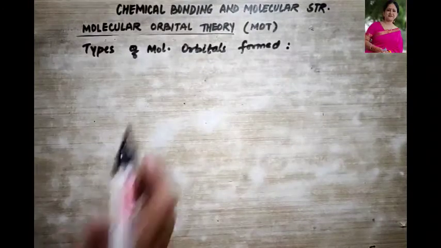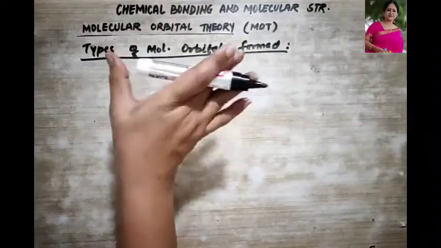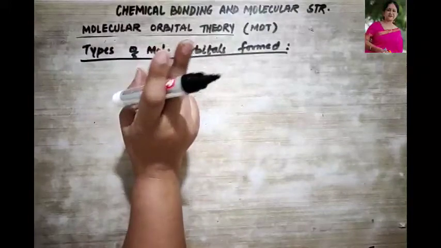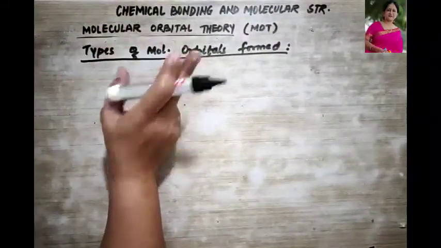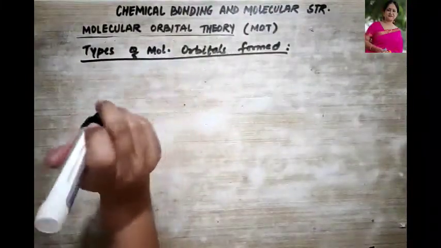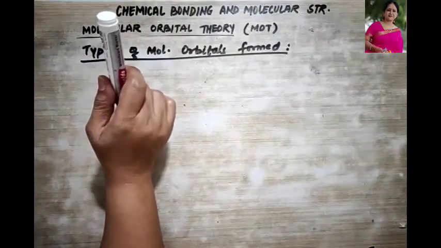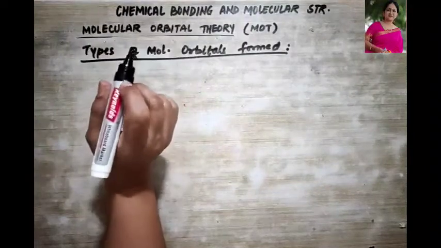Okay, so let us begin with the types of molecular orbitals formed. But before I begin, once again I would like to remind you about the conditions for the combination of atomic orbitals to form molecular orbitals. What was the first thing that I told you? The combining atomic orbitals should have the same or comparable energy.